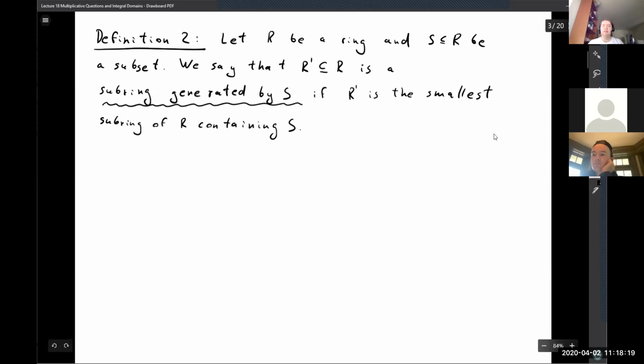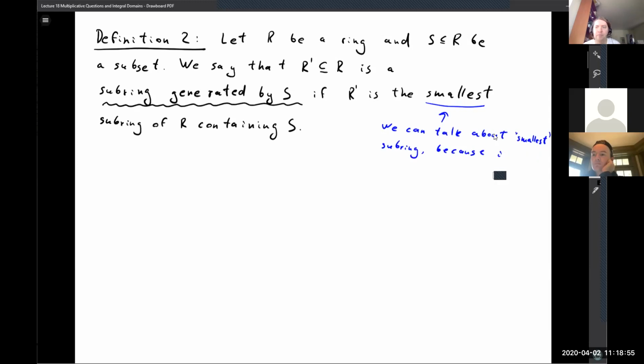Yes. And here I want to make again this remark that we can talk about the smallest subring because the intersection of subrings is again a subring.